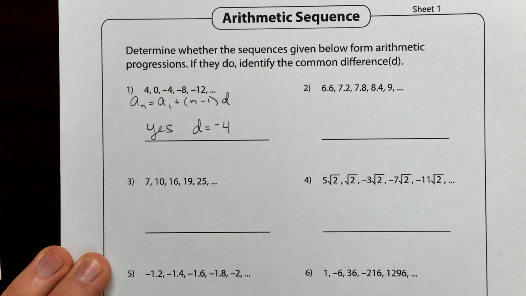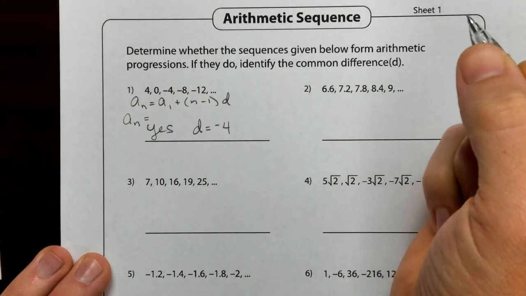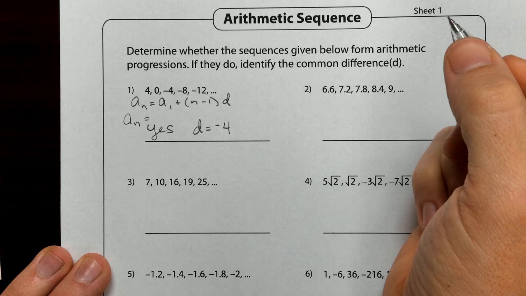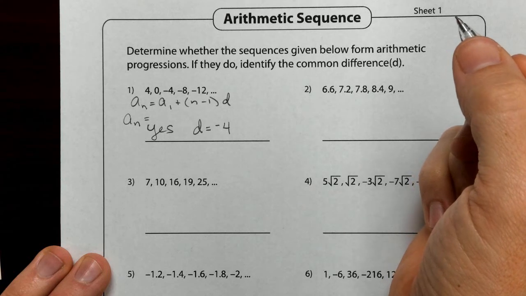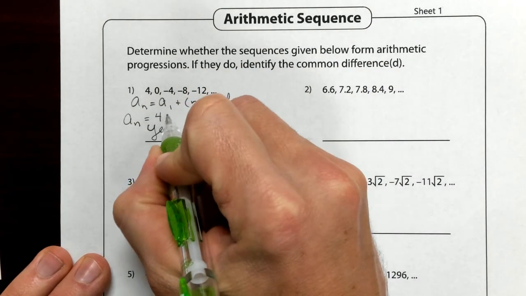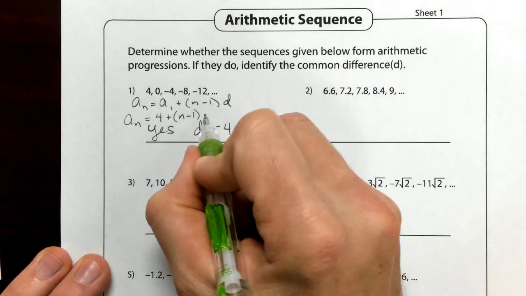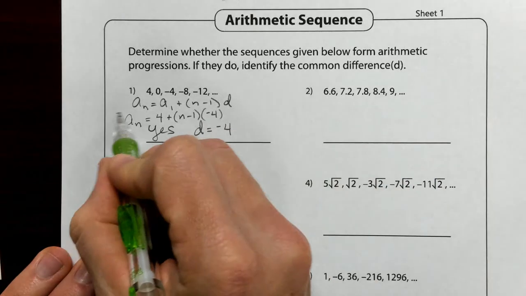So now let's plug in what we know, Dara. Because 4 is the first term. Great job. That's it, guys. There's your explicit formula.